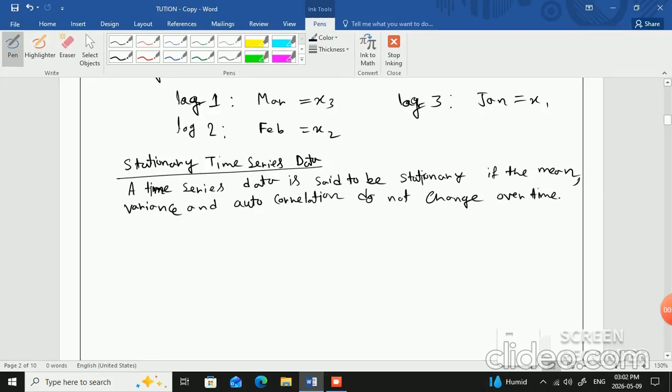With respect to time, if the mean of the data, variance of the data and autocorrelation of the data do not change, then the data is called stationary data.